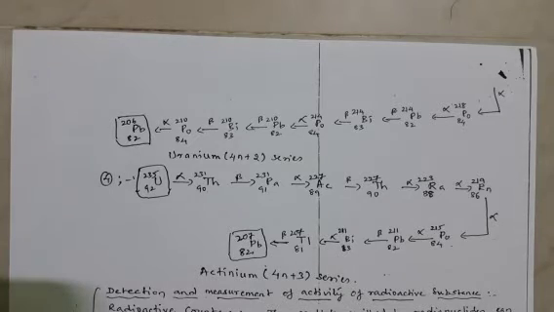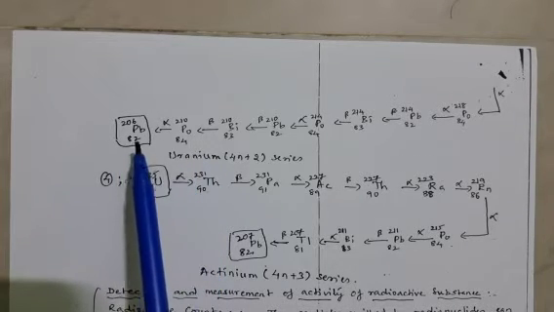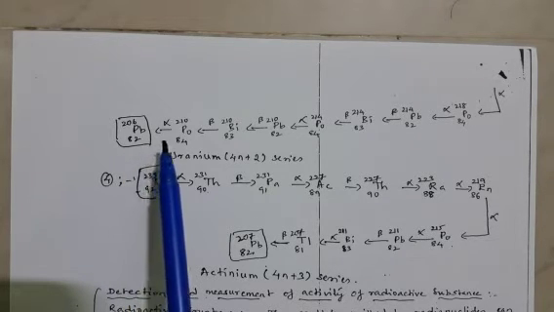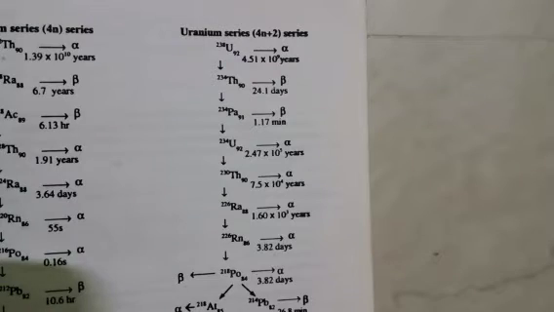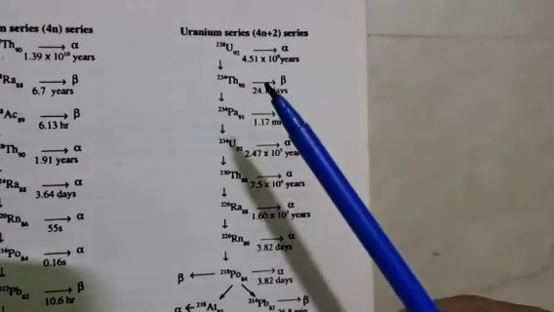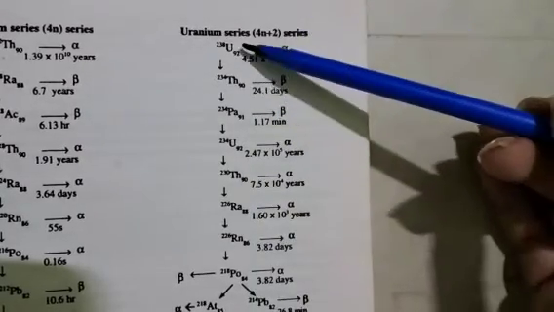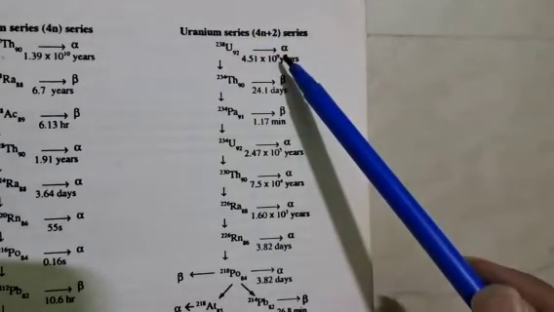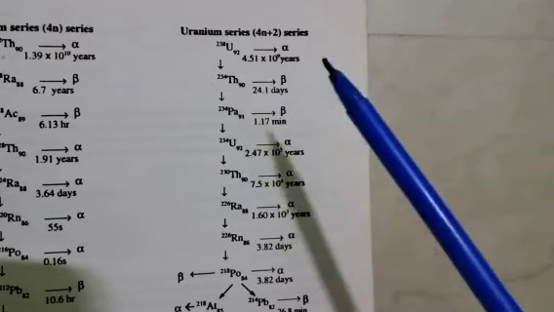So next let us discuss the uranium series, that is the 4n plus 2 series. In the uranium series, you can see here the uranium 238, when it emits an alpha particle, undergoes disintegration to form thorium.